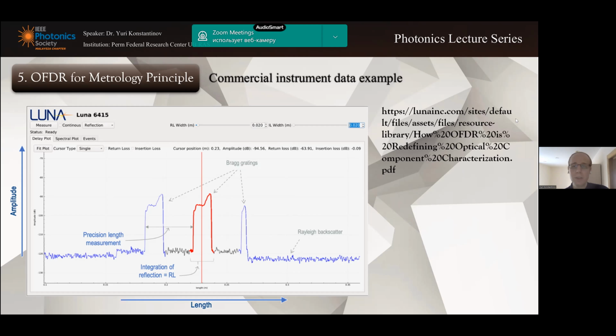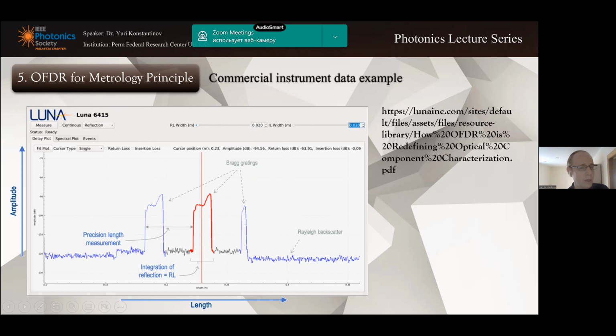This is a conventional instrument data example, a screenshot from the Luna software, and in this screenshot we have some elements within the fiber optic installations. It's written there that they are fiber Bragg gratings, and using this marker we can see the reflection at every point.